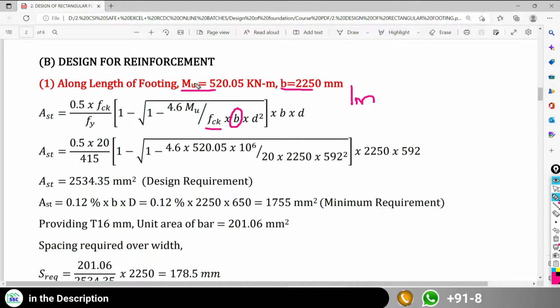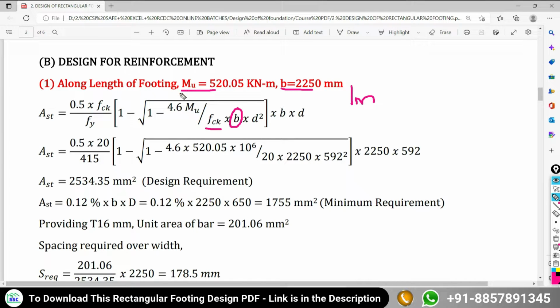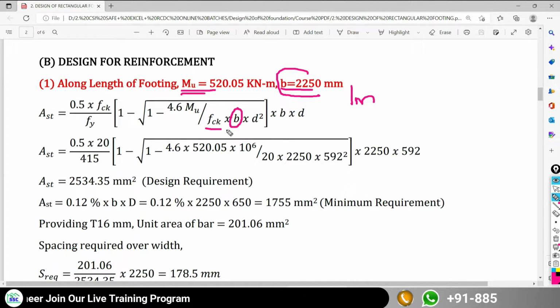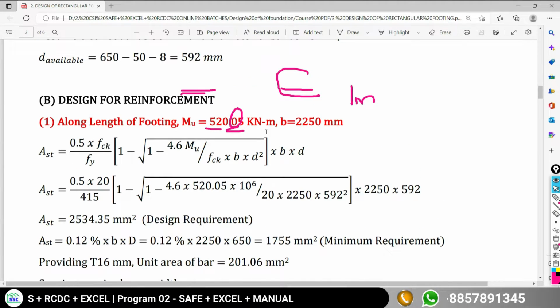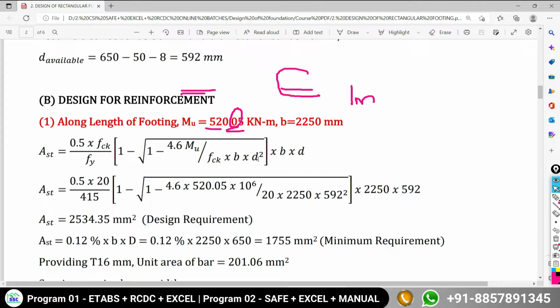But while calculating the ultimate moment along the length of the footing, we considered the full width of the footing as 2.25 m, so here also you need to put 2250 mm. The effective depth d is 592 mm, so d square is 592 squared, multiplied by b and again by the effective depth.